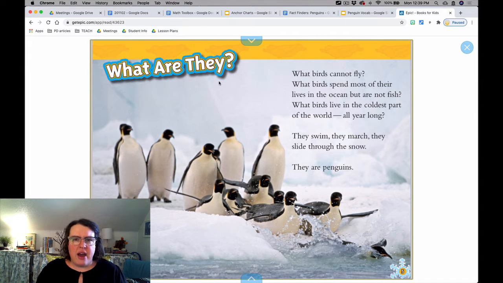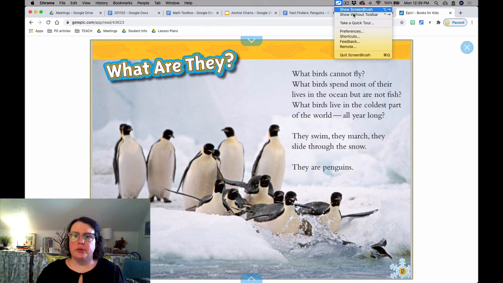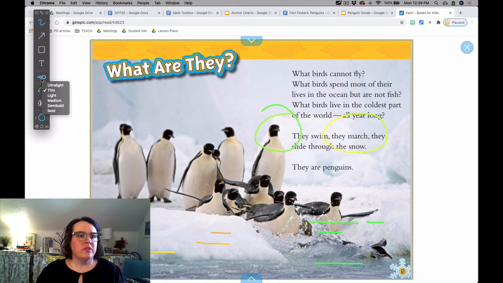So, what facts did you learn from this page? I'm going to get out my underlining tool. Let's see if I can get it set up right. And let's underline some facts. What birds cannot fly?